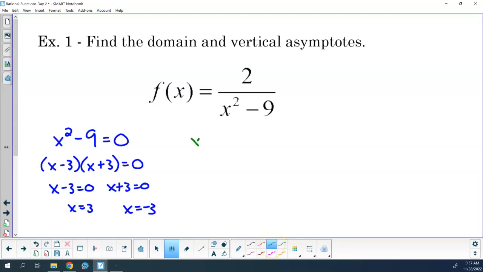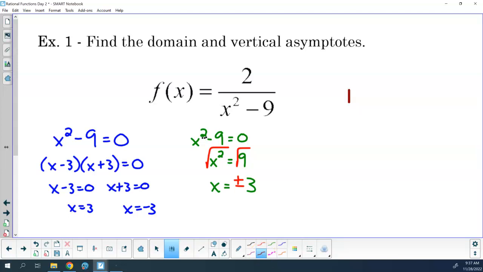Or we could have said x squared minus 9 equals 0. We could have added 9 to both sides, taken the square root on both sides. But with that comes the fact that we've got to remember we took the square root. I need the plus or minus in there because I've got to have 2 answers. So there's our points of discontinuity.